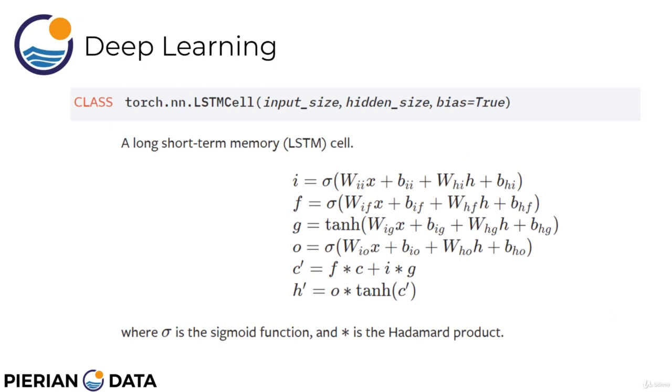Here we can see what the actual LSTM cell unit will look like inside of PyTorch. The main thing to notice is that this long short-term memory cell does internally all the computations that we previously discussed. The parameters it's going to provide for us are the input size, which is the number of expected features in the input x.